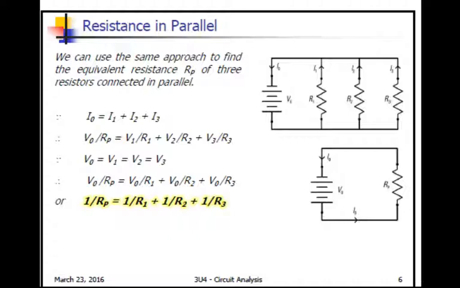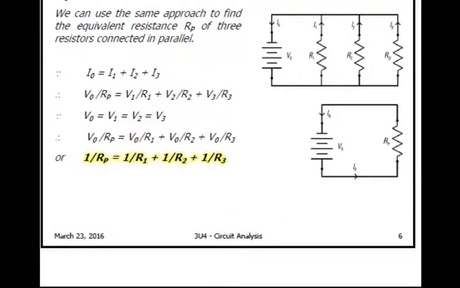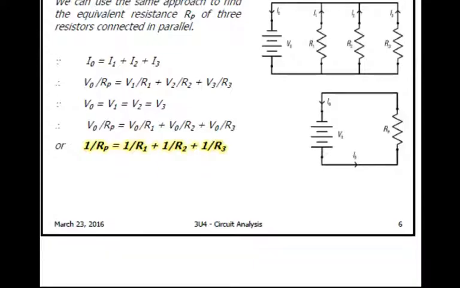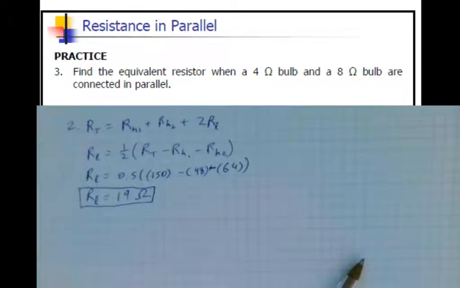But the idea is that the reciprocal of the total resistance is equal to the sum of the reciprocals of each individual resistance. When we get to the slide that summarizes all this information, I'm going to give you a different equation to write down. But I'll show you how to use the equation that I prefer for this question.